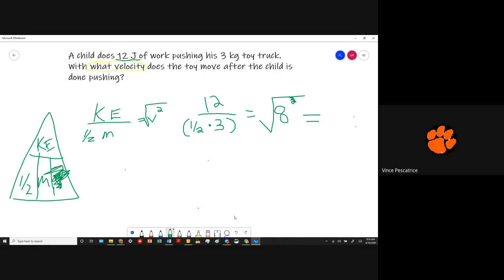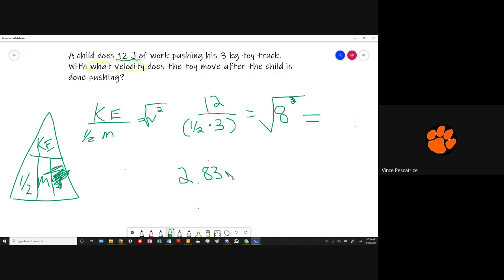I think I do this on my calculator. It is 2.83.